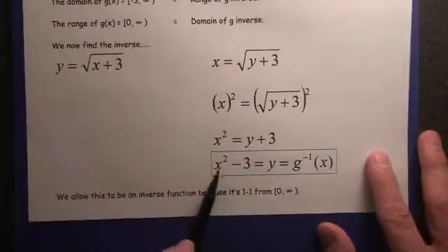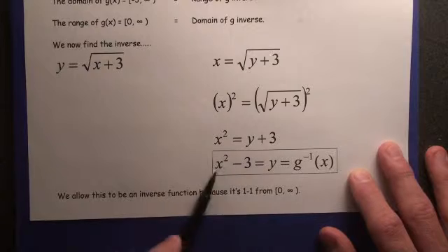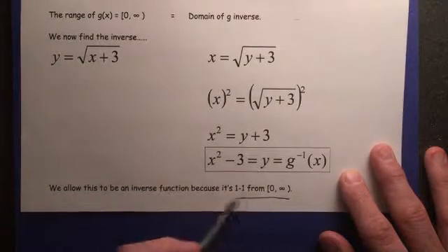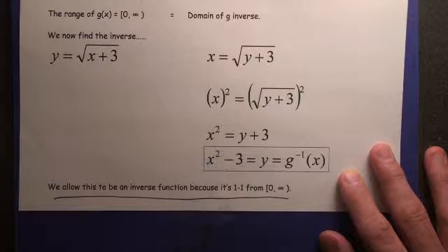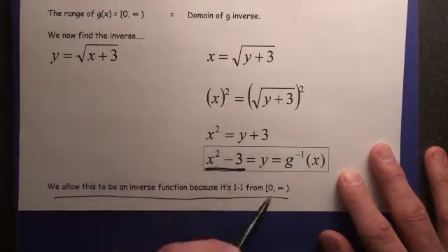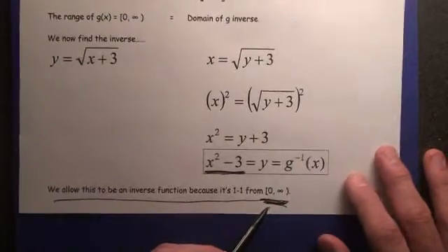So someone might say, well, wait a minute, x squared minus 3 is not 1 to 1. How come we're allowed to have an inverse? Well, we are allowed because, as it turns out, g inverse of x, x squared minus 3, is 1 to 1 from 0 to infinity. Well, someone might say, why do we care about that?